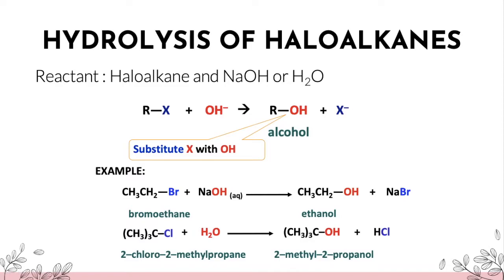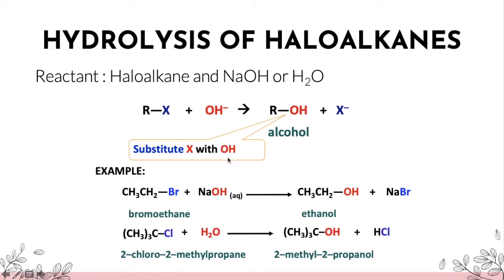Next, hydrolysis of haloalkanes. The reactants are haloalkane and sodium hydroxide or water. So both can be used in hydrolysis of haloalkanes to produce alcohol. The halogen in the haloalkane will be substituted by OH minus from sodium hydroxide or from water.